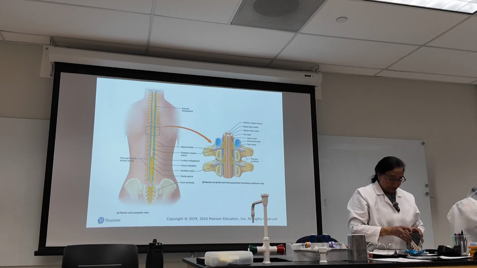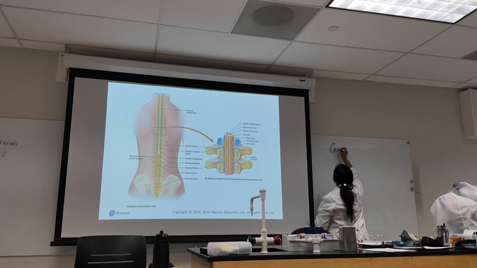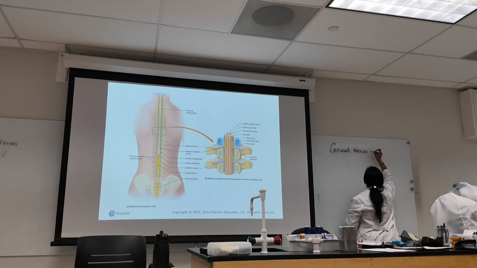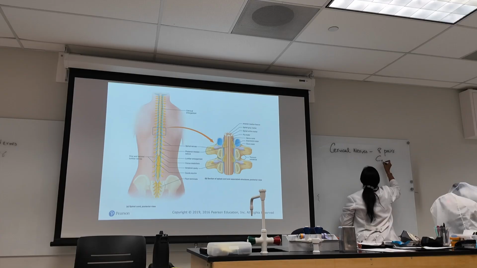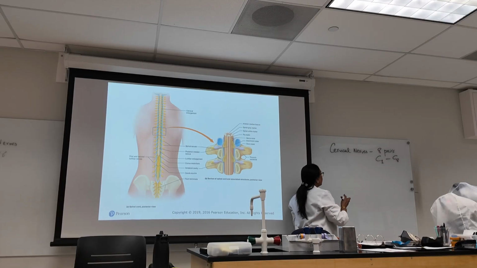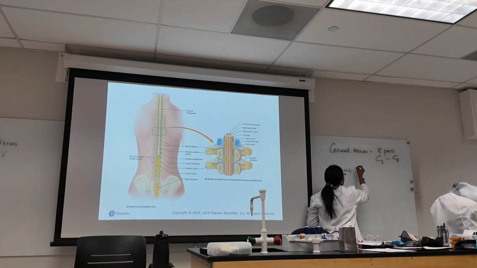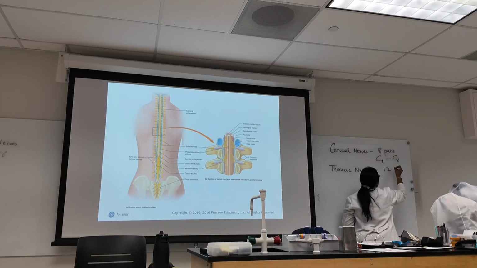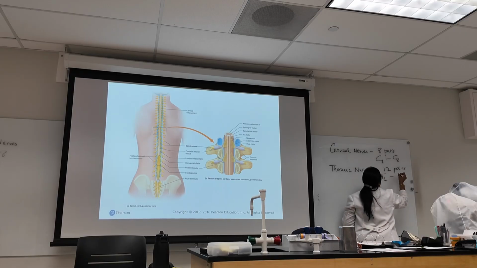I'm repeating this, I know, but you should know this. 8 pairs of cervical nerves, C1 to C8, that's how we write. Thoracic nerves: there are 12 thoracic vertebrae, so there are 12 thoracic nerves, 12 pairs, T1 to T12.